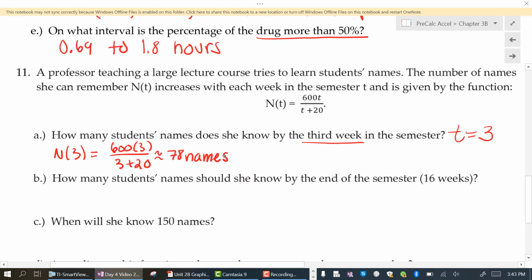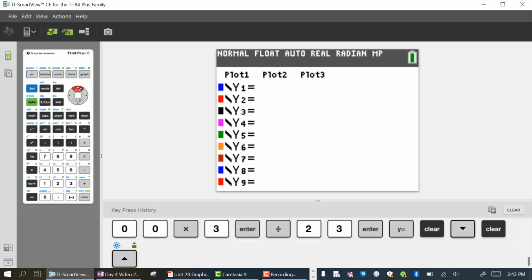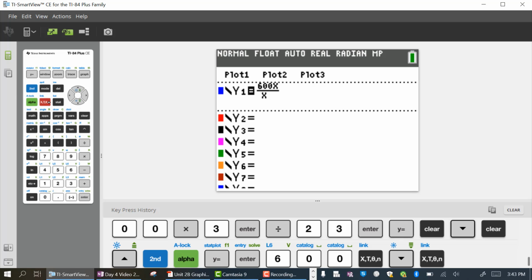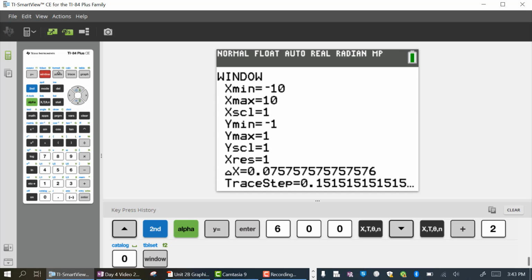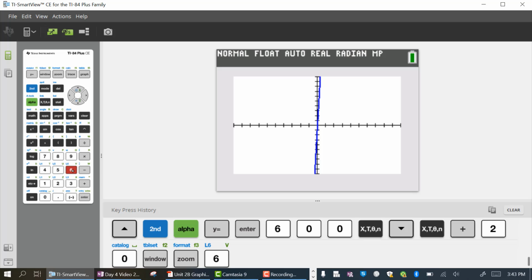All right, so now let's type this into my graphing calculator. So alpha y equals 600x over x plus 20. I'm going to need to fix my window because I made it super small. So let's make it a standard window just to start off with. I'm going to need more window.